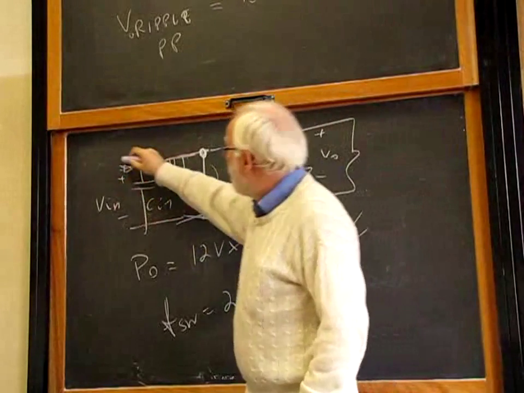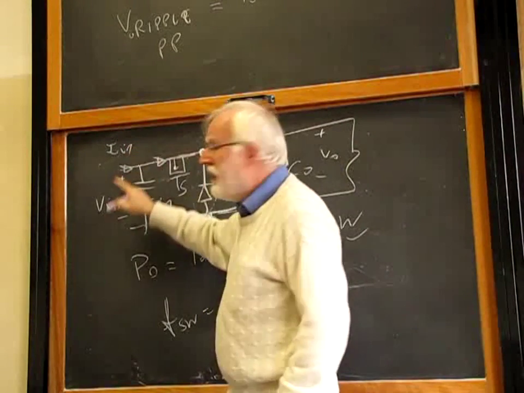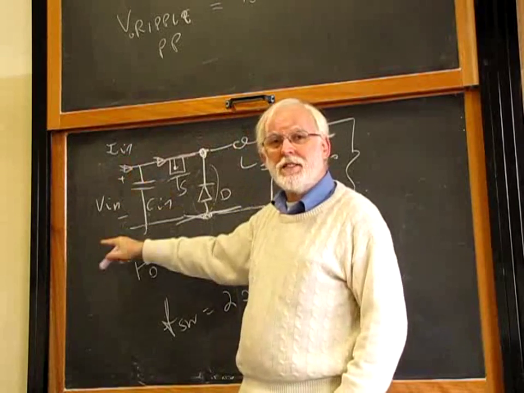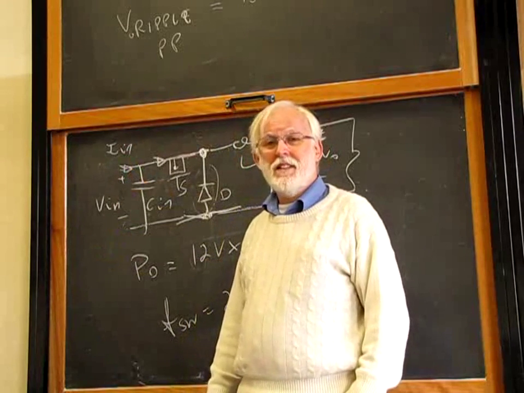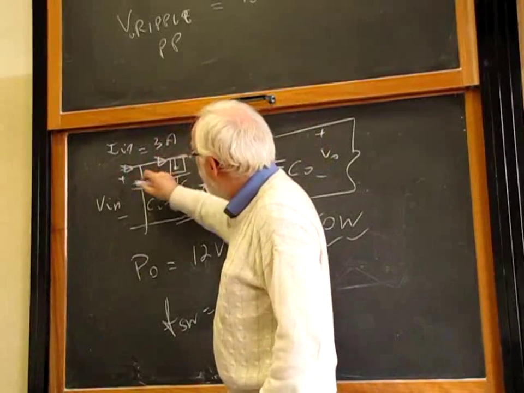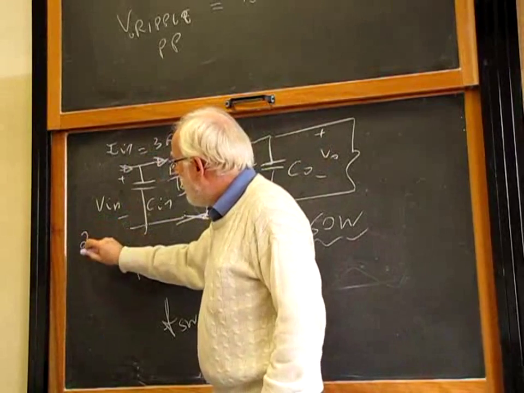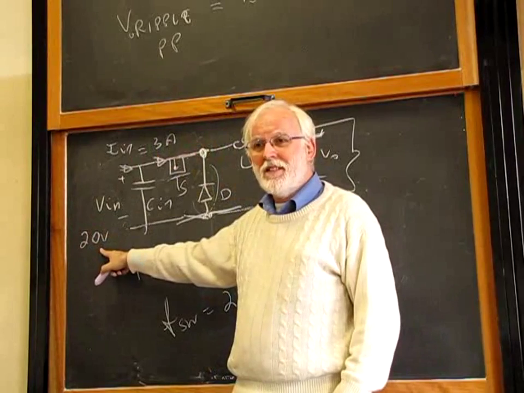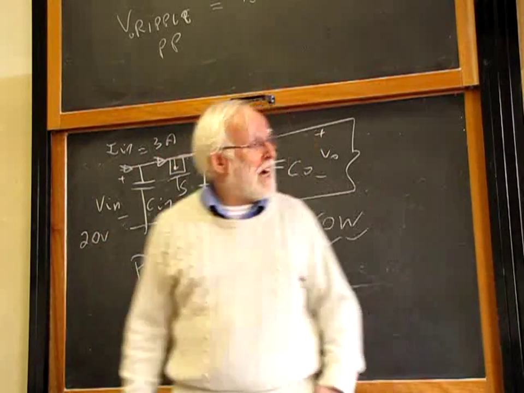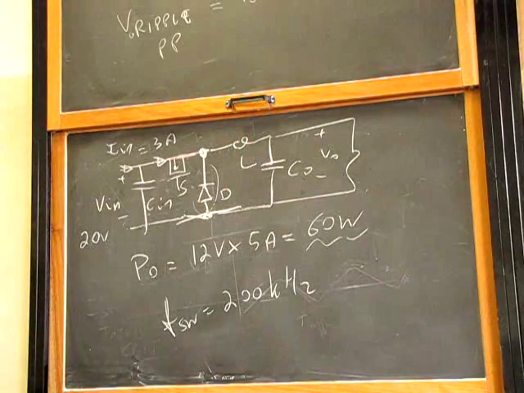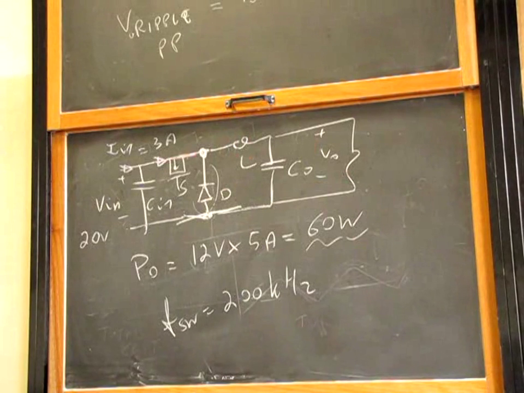So if I know this input current, and I multiply it times the input voltage, what do I get? The input power. So I found that the input current is 3 amps when the input voltage is 20 volts. 3 amps times 20 volts is 60 watts. How much is the output power my converter is designed for? 60 watts. It means that I didn't make too many errors.